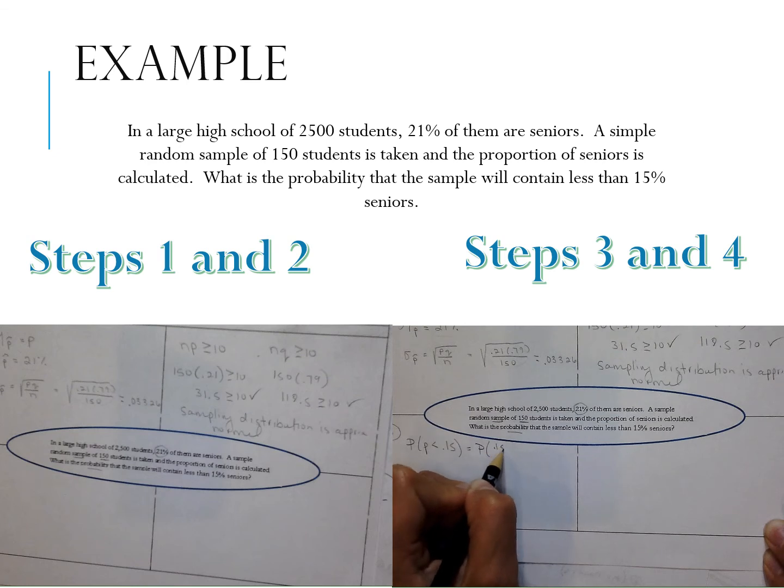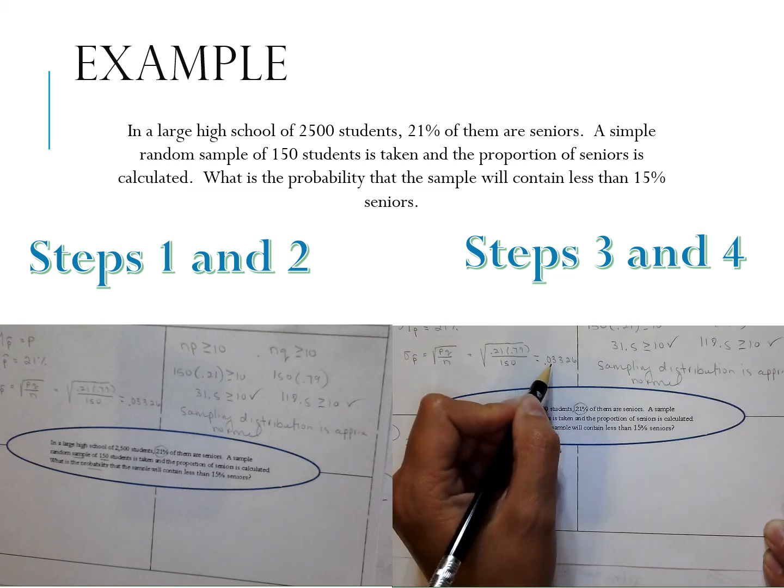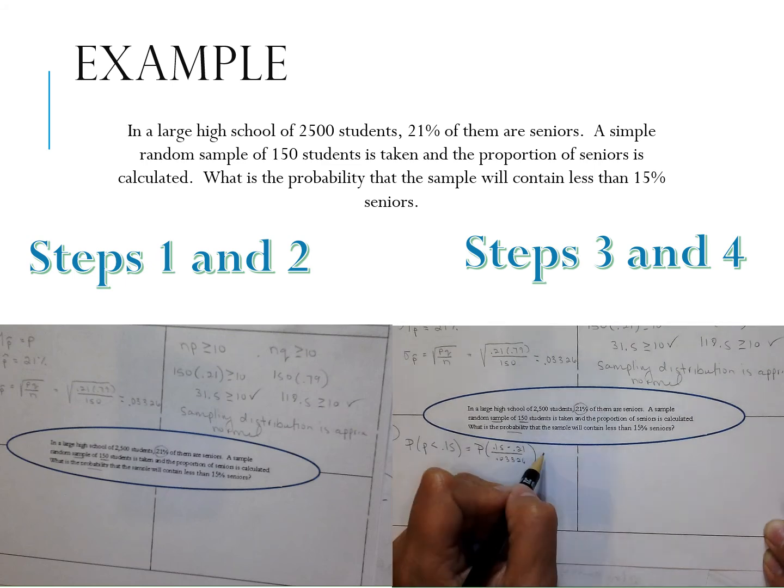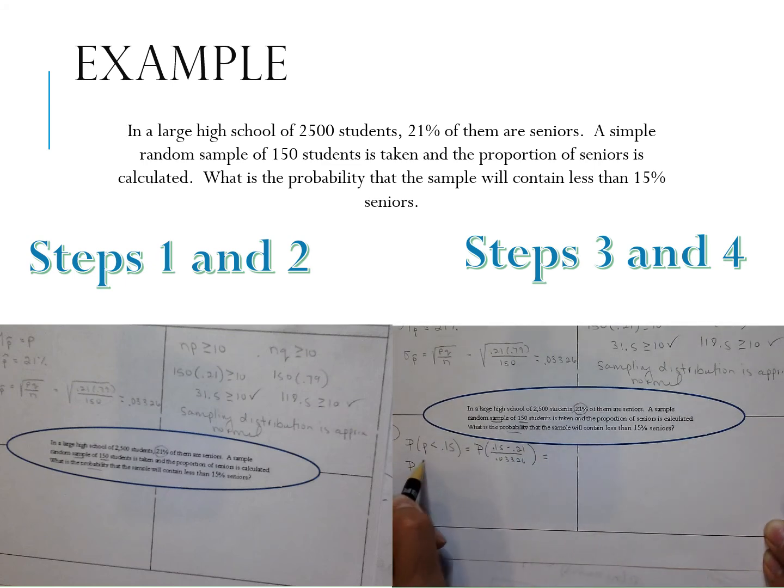So 0.15 minus 0.21 divided by the standard deviation that we calculated in step 1, 0.03326, equals the probability that z is less than negative 1.804. When you do 0.15 minus 0.21 and divide all of that by 0.03326, you get a z-score here.